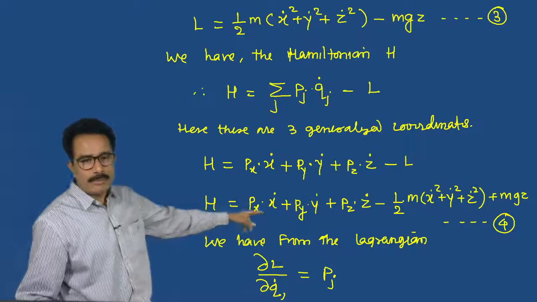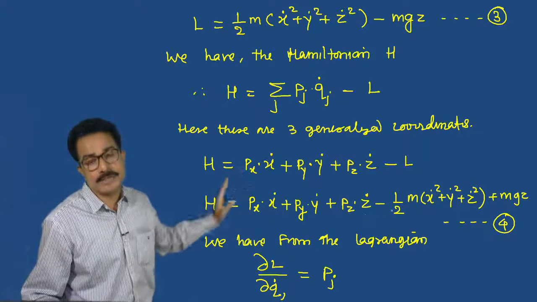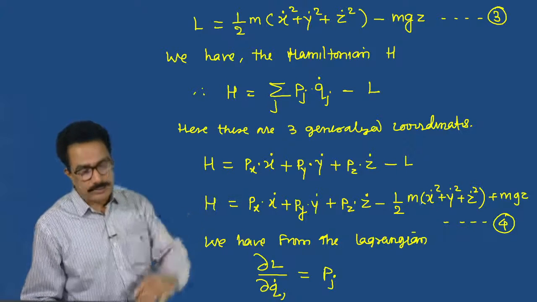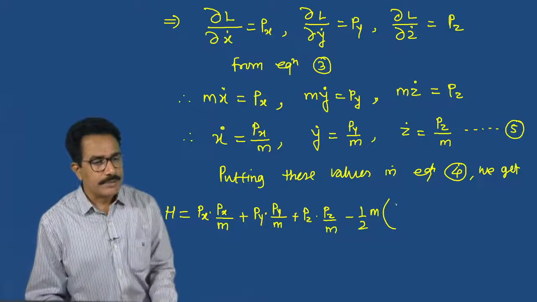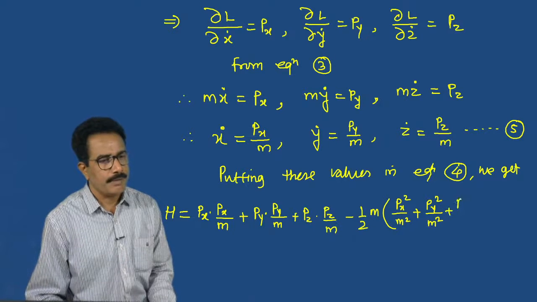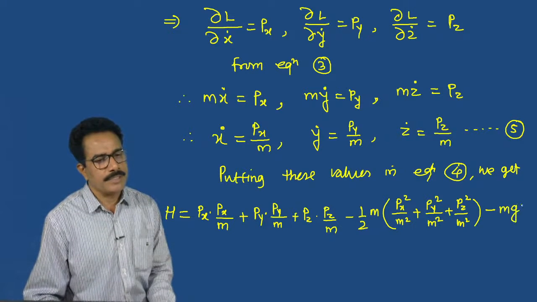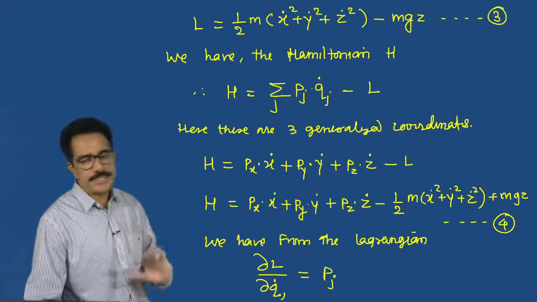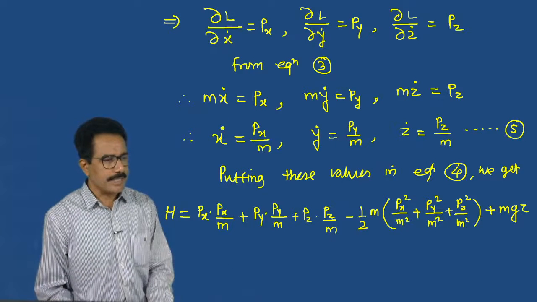Again we have to replace x dot square plus y dot square plus z dot square in the bracket. So px square upon m square plus py square upon m square plus pz square upon m square, minus minus mgz, it will be plus mgz. Is it okay, students? Do you understand?